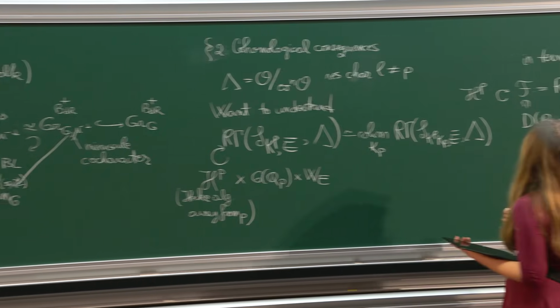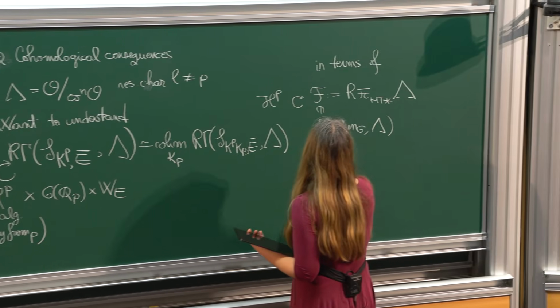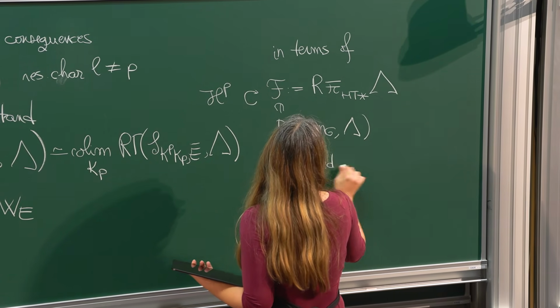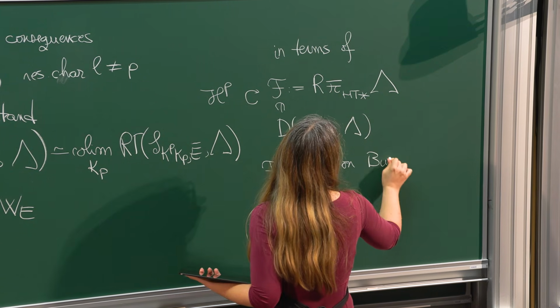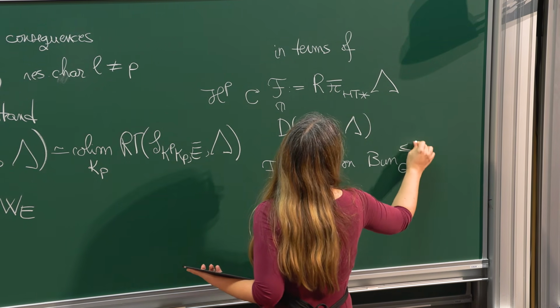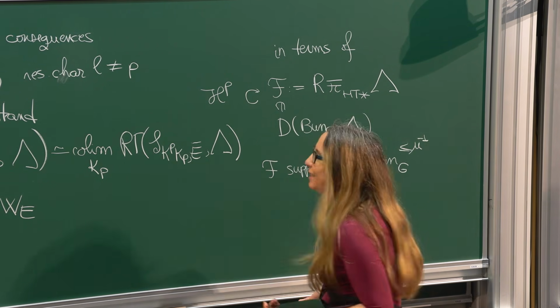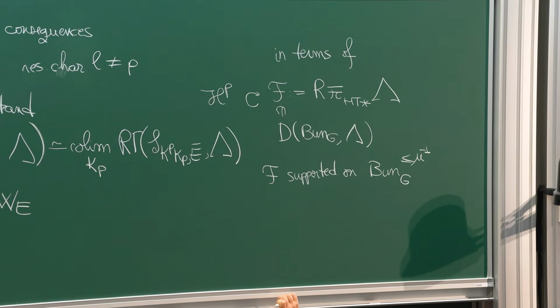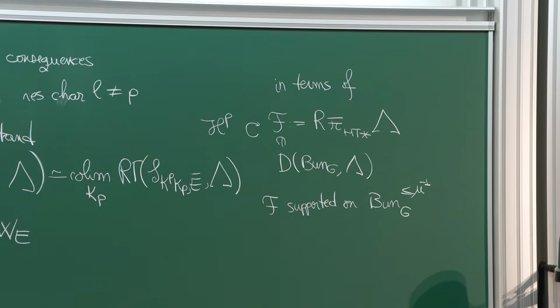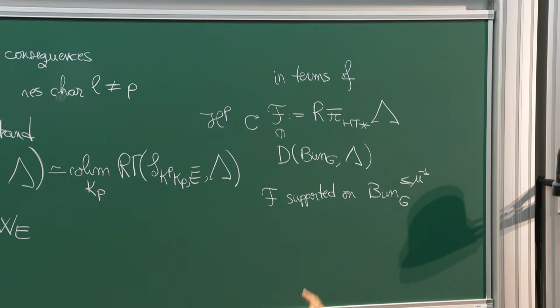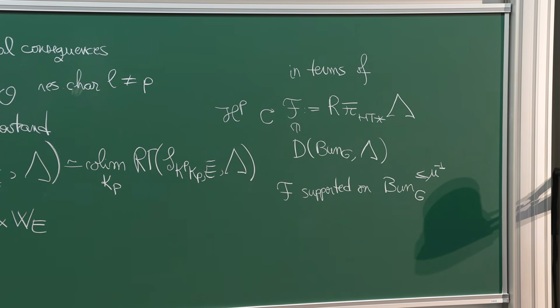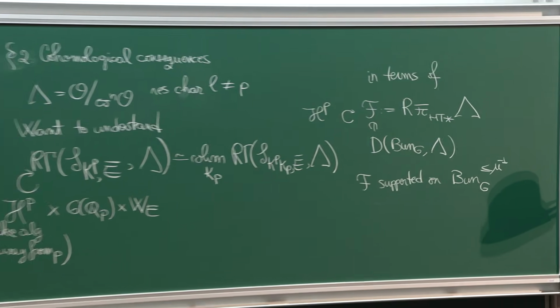And so for this reason, F is really only supported on this. So that's just one comment, that in an ideal world, we would like a sheaf on the whole Bun_G, but really, somehow, I think Daniel Kim used, this is kind of the observable Igusa stack. And so I guess this is the observable part of its cohomology.